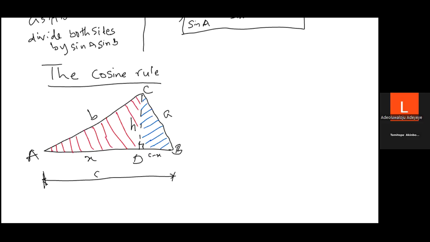Now, can I continue? Yeah, you can. Okay. Now, I want to consider the right angle triangle ACD. ACD, that's the red part.